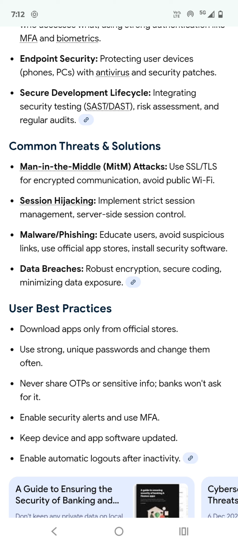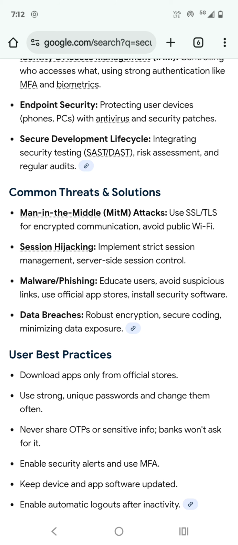When developers are building an application, they take care of the session expiration time. If they use OAuth with a JWT token, they'll set some expiry for the JWT token. That is why, for session hijacking, implementing strict session management is important.